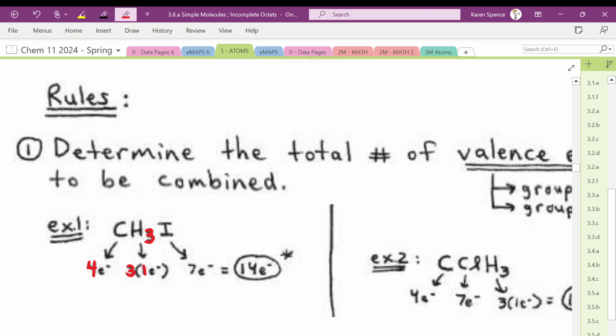How many valence electrons? 7. Okay, because iodine is group 17. So if we take that and we add that up, we have 4 plus 3 plus 7, and we get 14 electrons. That's the number we need in our final structure.